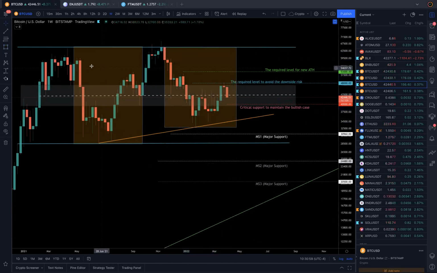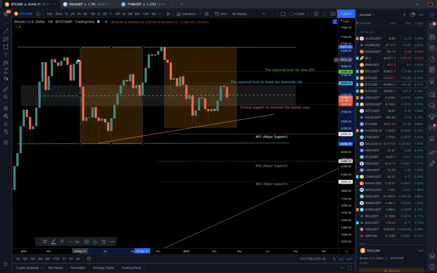So what is the difference? The only difference is this is a bigger one, this is a smaller one. Hope you're with me. So basically you relate this downside move with this downside move. Let me draw a highlighter. Compare this, compare this.